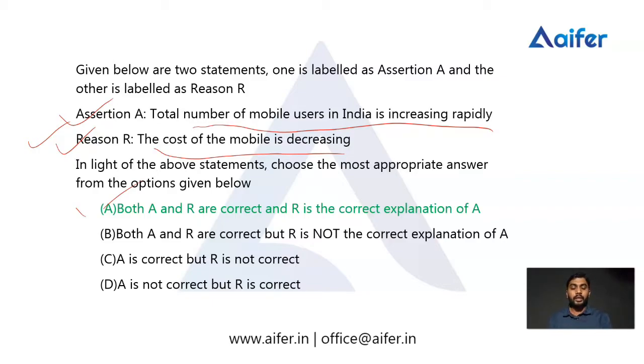The number of mobile users is increasing rapidly because the prices are decreasing, so that people can afford to buy mobile phones in India. So the answer is option A, both assertion and reason are correct, and the reason is the correct explanation of assertion. So friends, we can move to the next one.